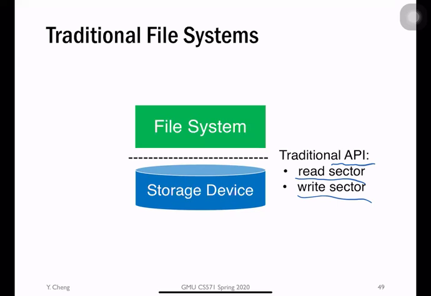Okay, so what are the problems if you want to port a traditional file system application to work with a different type of underlying storage device, which is not a hard disk drive, but a flash device, right? Because there's an inherent mismatch.